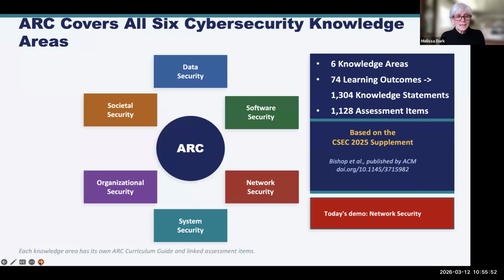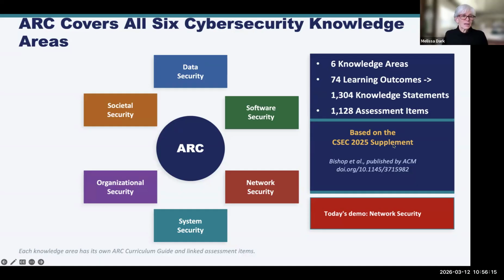So ARC has 6 knowledge areas. They're listed here: data, software, network, system, organizational, and societal security. And those 6 knowledge areas we didn't make up. They are based on this CSEC supplement that is referenced over here.